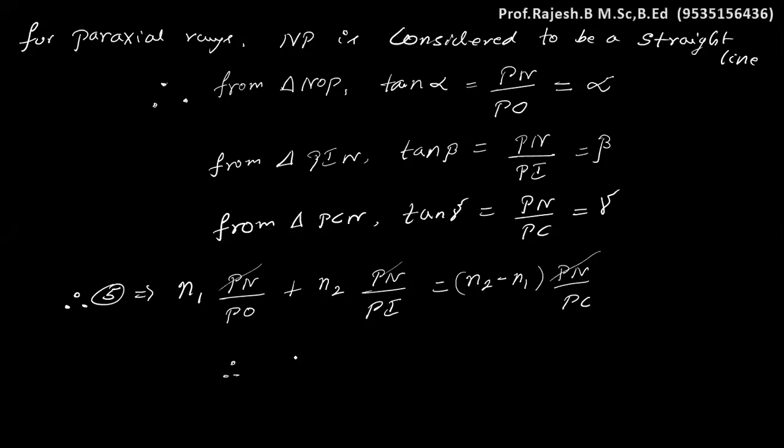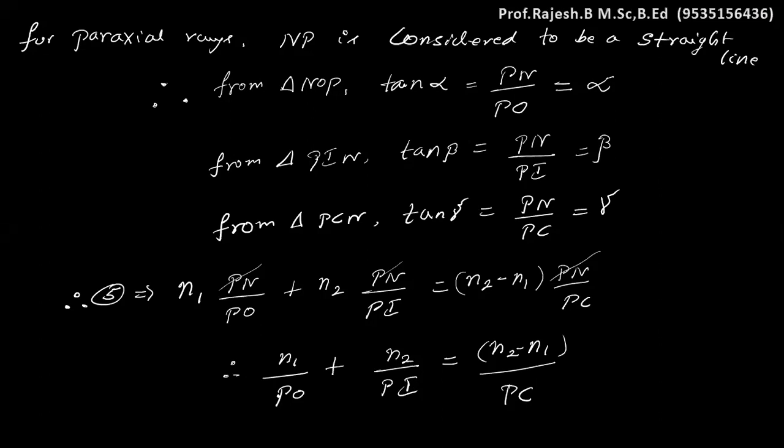Then I can write that it becomes N1 by PO plus N2 by PI is equal to N2 minus N1 divided by PC. A little lengthy derivation, but the steps are very simple, just basic mathematics. Now find out the values of PO, PI, PC according to Cartesian sign conventions.